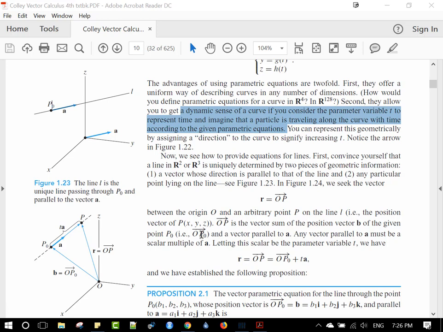This OP is the vector sum of this plus this, right? If you take this plus that, you get this.